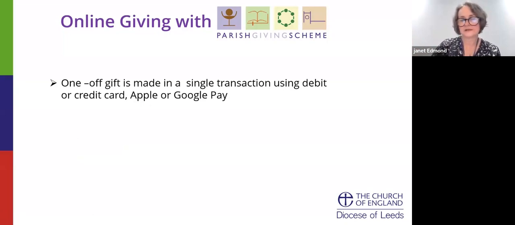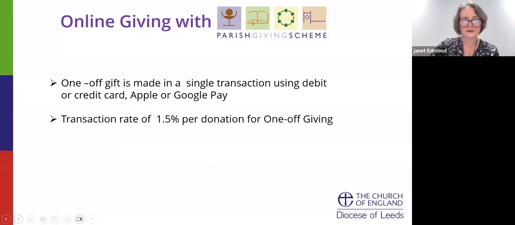So just a little bit more information about the parish giving scheme and online giving. The one-off gift is made in a single transaction using a debit or credit card. It's nothing to do with direct debits, it's just a one-off gift, okay? The transaction rate per donation is 1.5%. That's actually less than if you have a Give a Little and SumUp account, which was a 1.95% transaction rate.